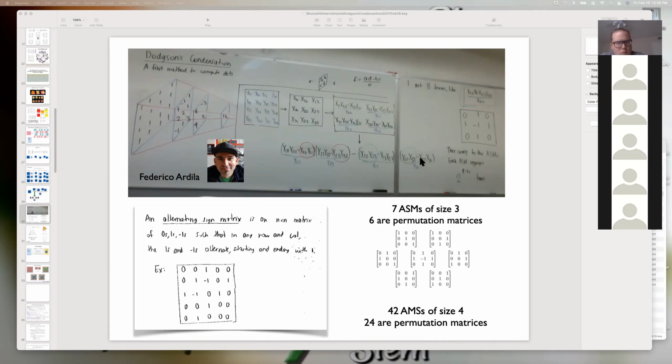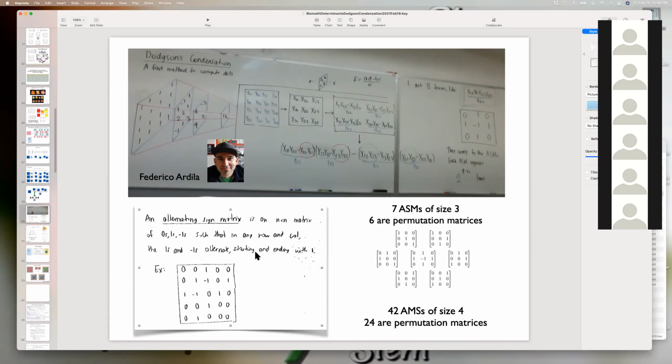If you tried to figure out the terms that involved the division here, those terms would correspond to situations where you had something like a permutation matrix, but with negative entries in certain places, right? So the mathematicians' understanding of why Dodgson's condensation actually works led to research on something called alternating sign matrices.